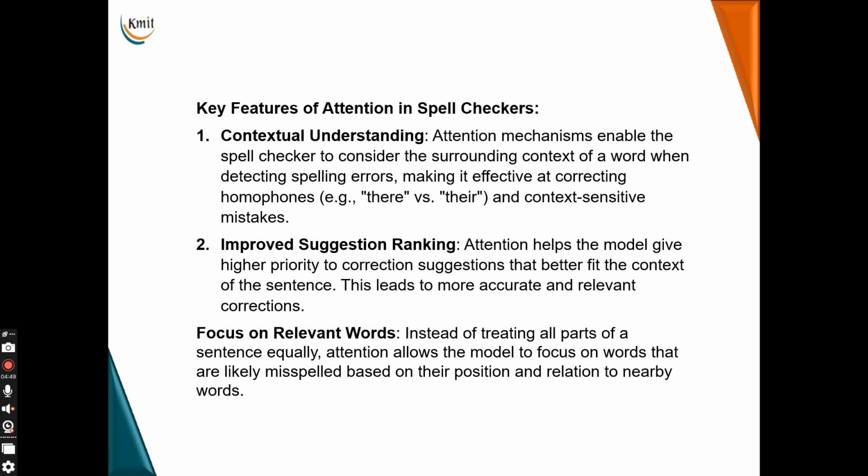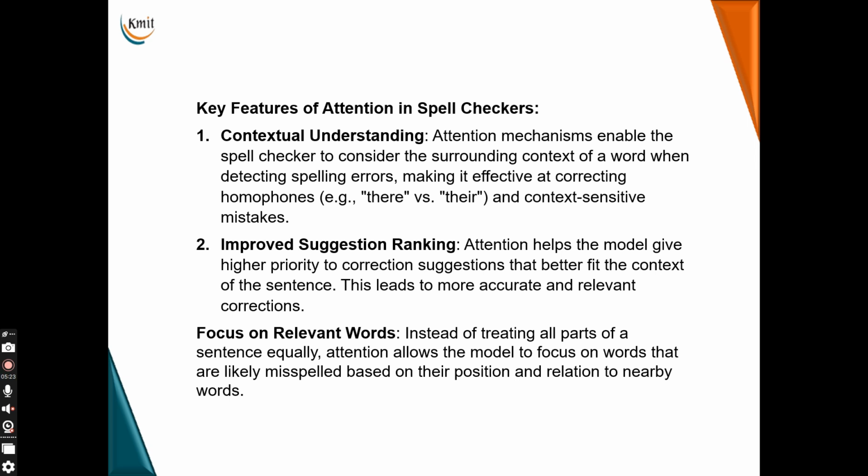If you right click, it will show you the possible corrections. In order to give the possible corrections, if you introduce attention, the model might prioritize various suggestions possible for a particular spelling mistake. Among all, the high priority suggestions will be listed first. The moment it prioritizes, there are chances that more accurate and relevant corrections can be suggested by the model.